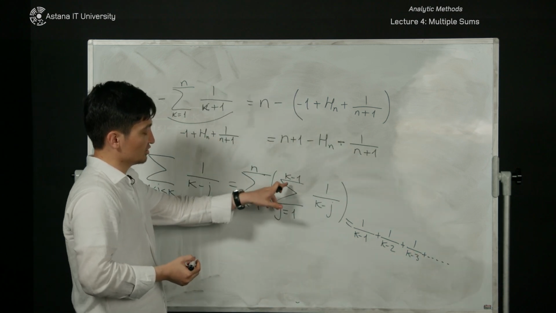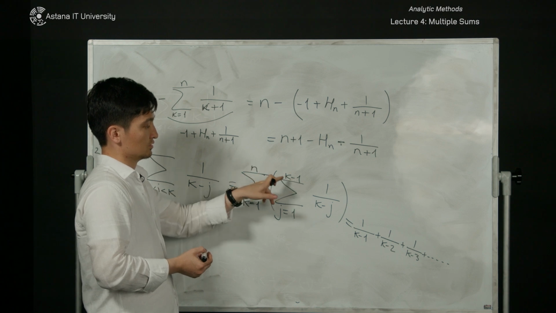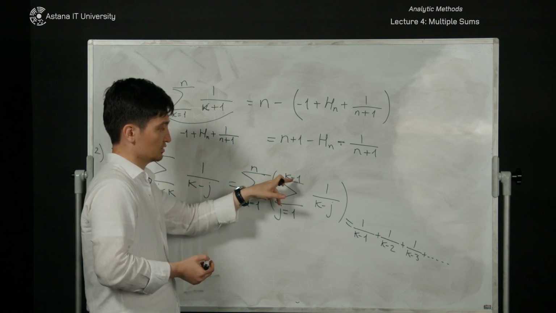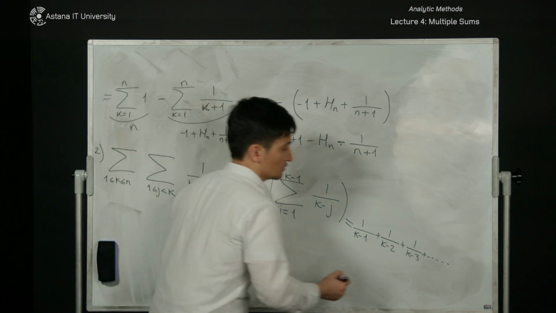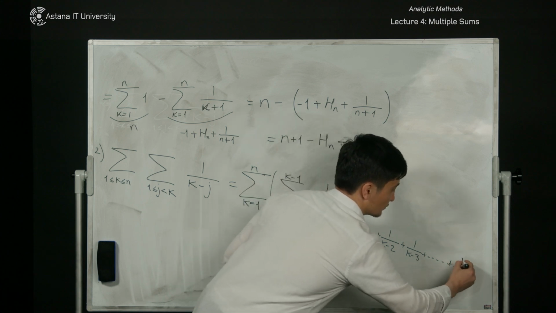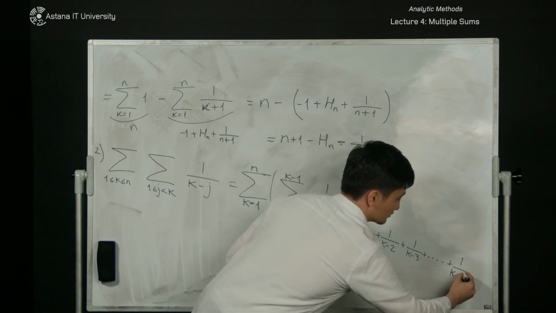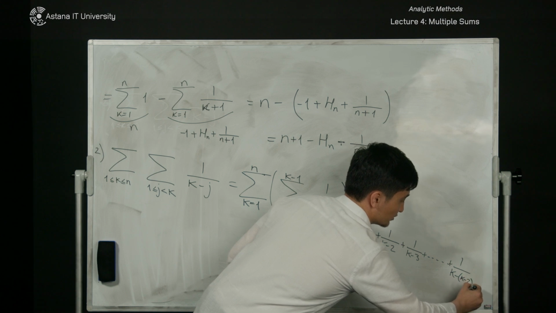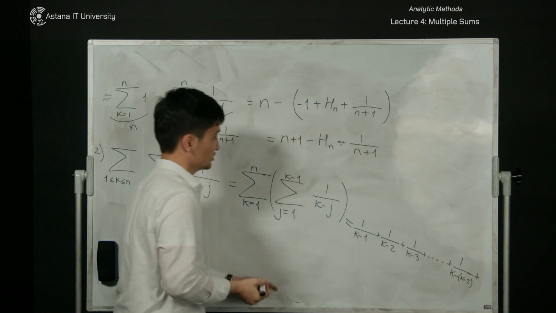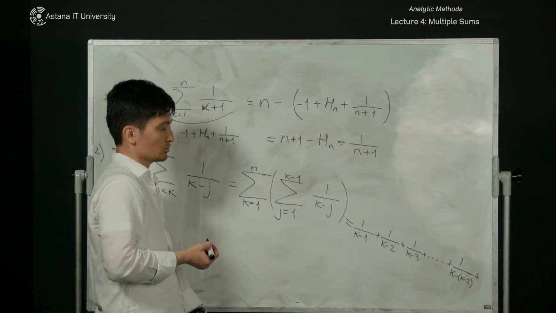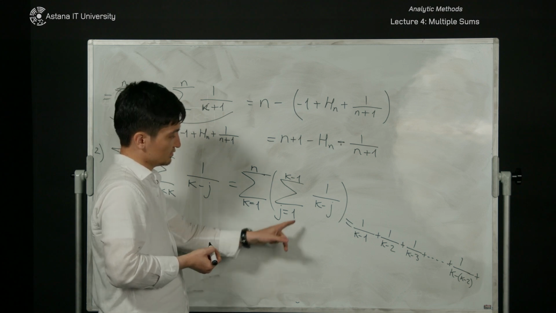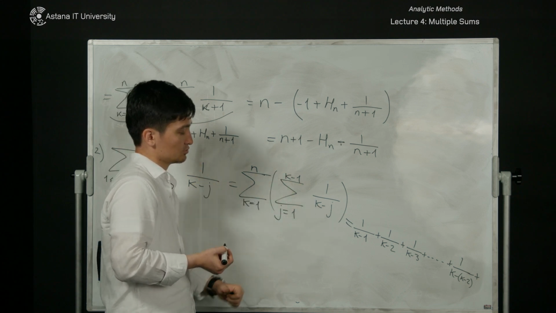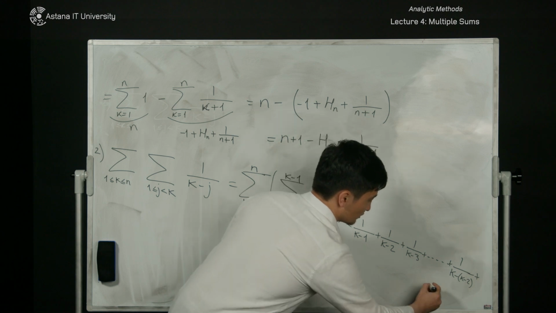And let's say when j equals k minus 2, so the index before k minus 1, it's going to be 1 over k minus 2. And when j equals k minus 1, what we get is 1 over k minus (k minus 1), so I'm going to write it over here.